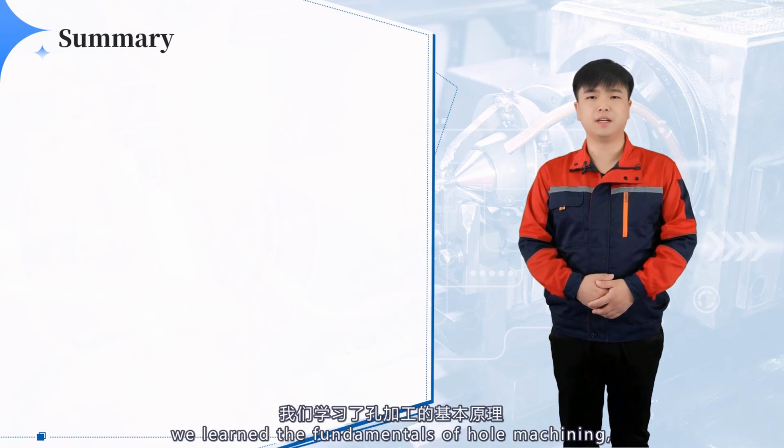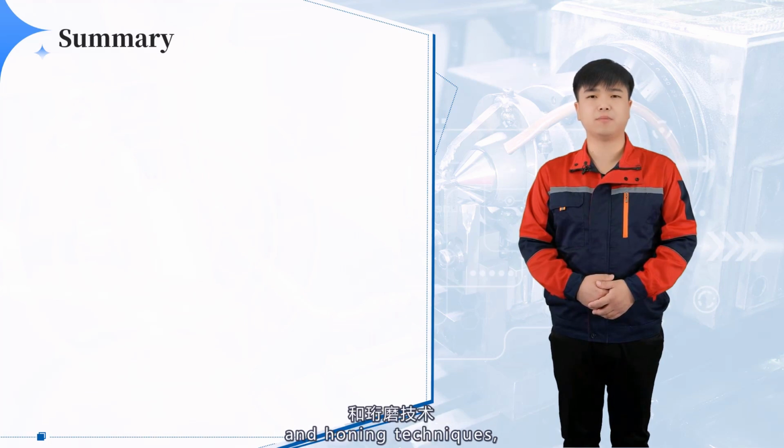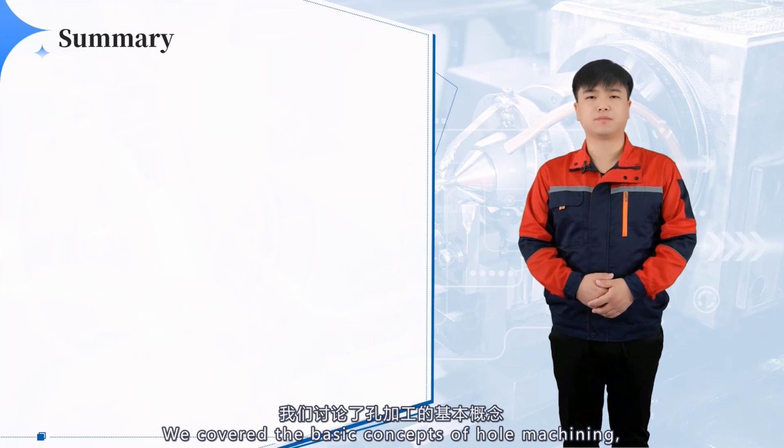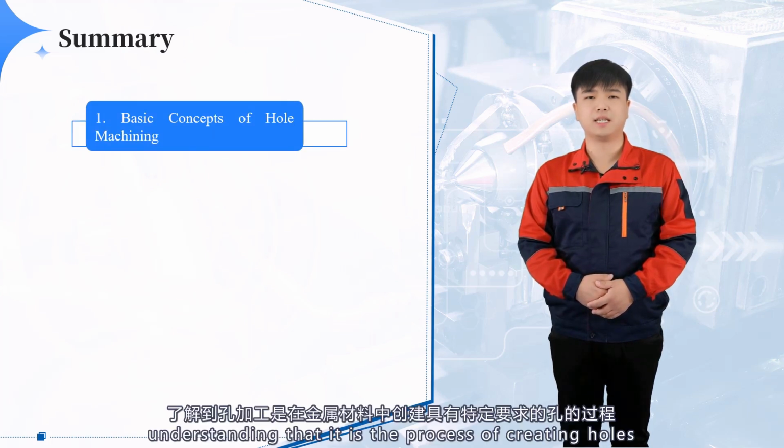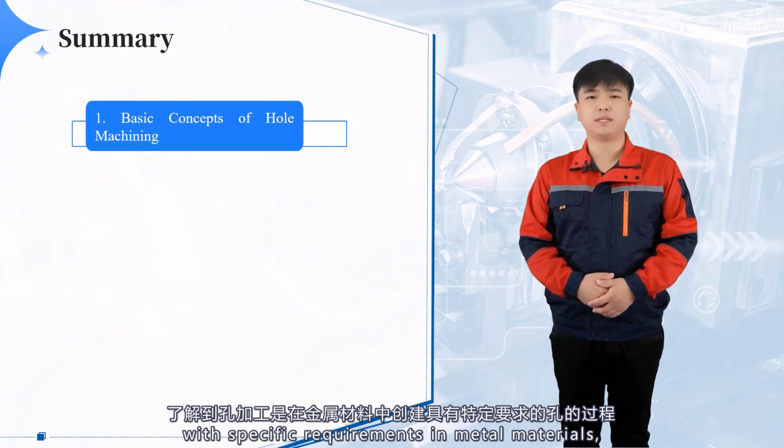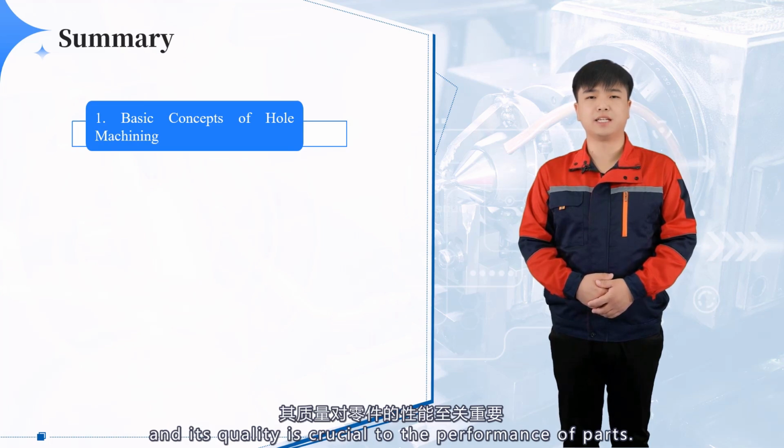In this lesson, we learned the fundamentals of hole machining, including drilling, reaming, and honing techniques, as well as the application of tools. We covered the basic concepts of hole machining, understanding that it is the process of creating holes with specific requirements in metal materials, and its quality is crucial to the performance of parts.